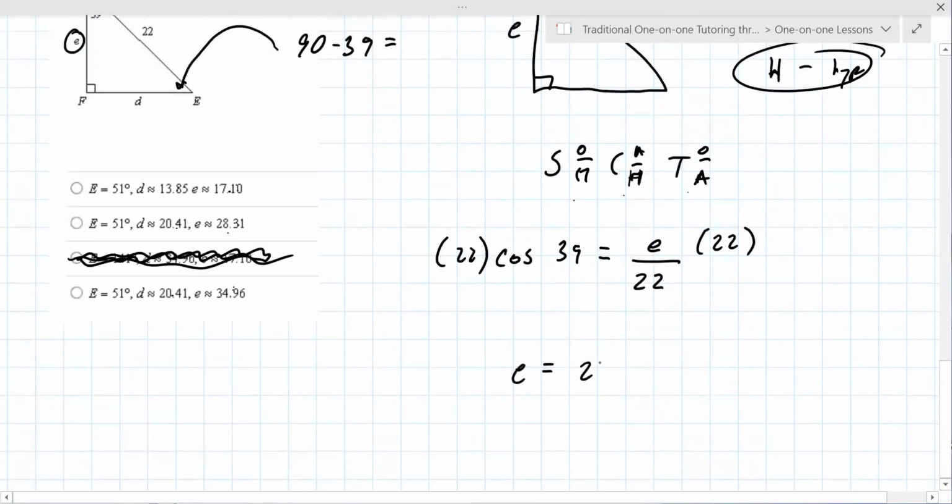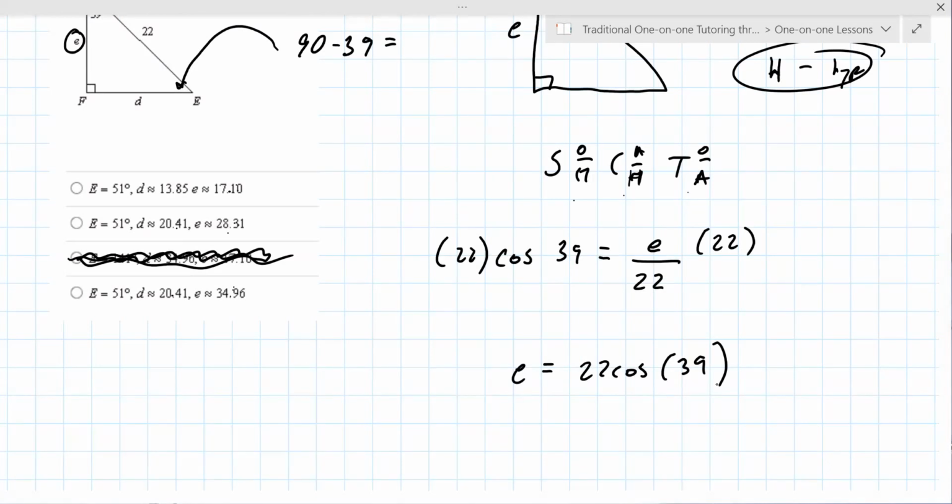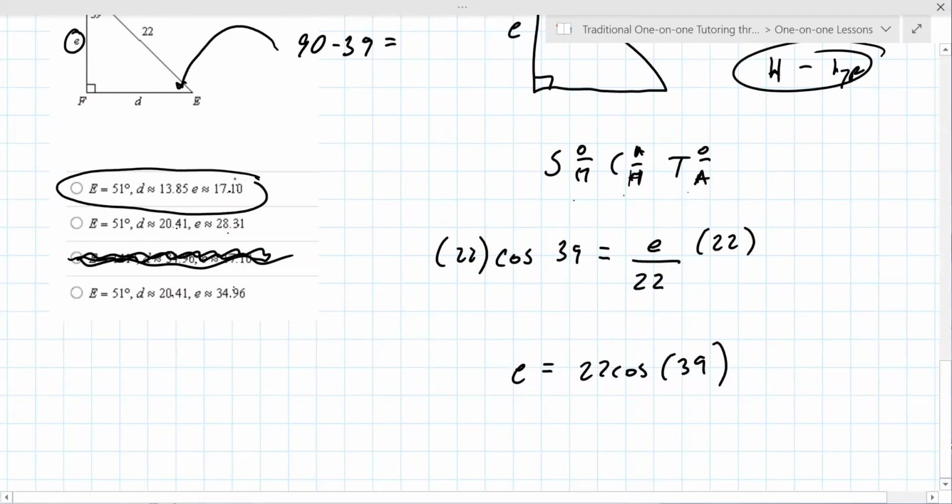So E equals 22 cosine 39. I got 17.10. So it looks like that's answer A.